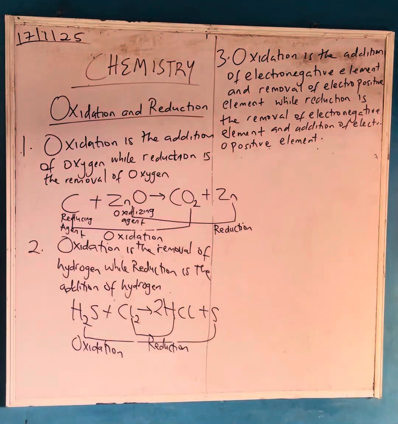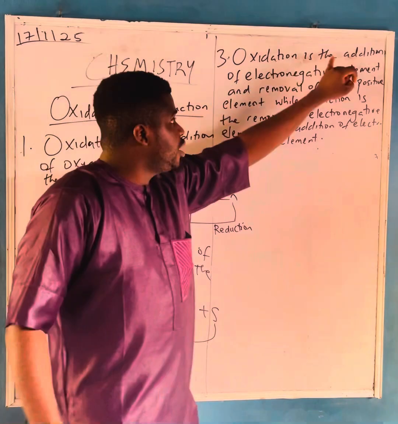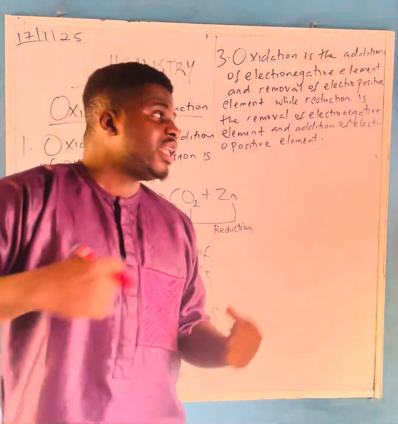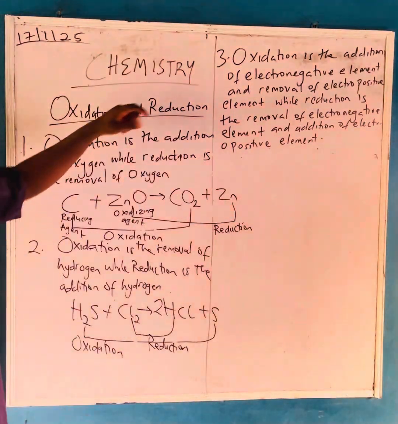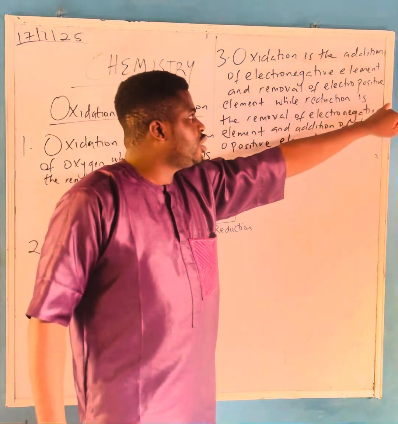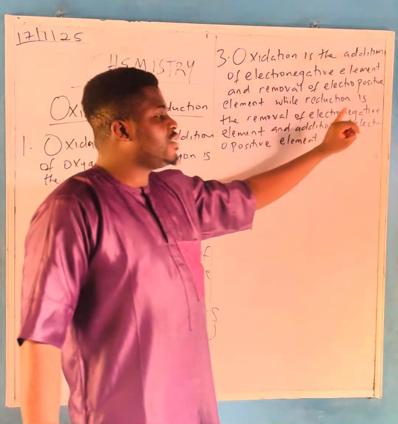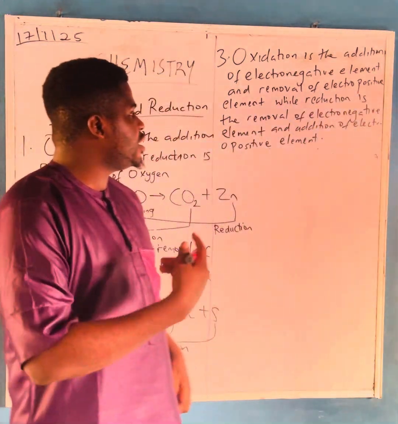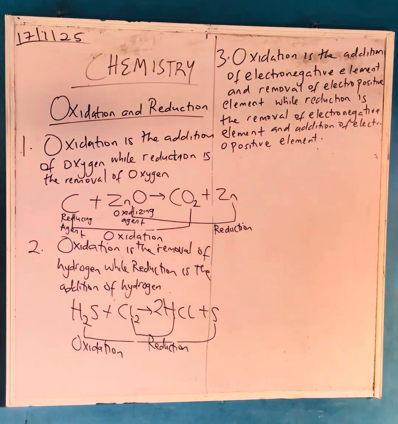So oxidation is the addition of electronegative elements and the removal of electropositive elements, while reduction is the removal of electronegative elements and then the addition of electropositive elements.